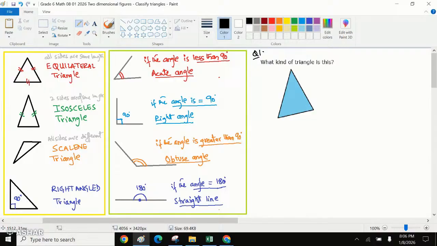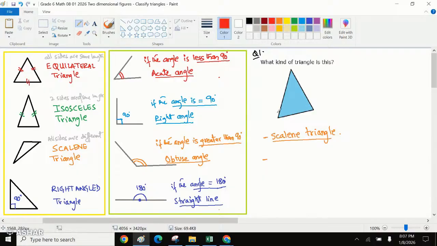So looking at this triangle, I think all the sides are of different lengths, right? So if all the sides are of different lengths, we can say this is a scalene triangle, right? But we can also name it another way.